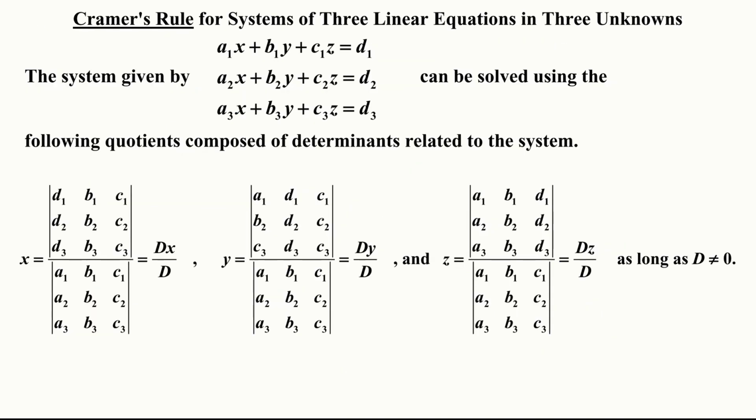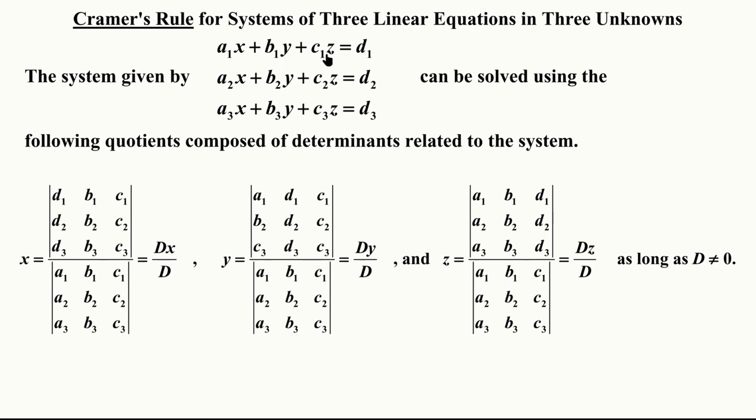So we handle 3 by 3s in exactly the same way, okay? So we form our bottom determinants. They're all the same, whether we're solving for x, y, or z, and they're composed of these coefficients from the left side of these equations that have all been put in the proper format, which is what?